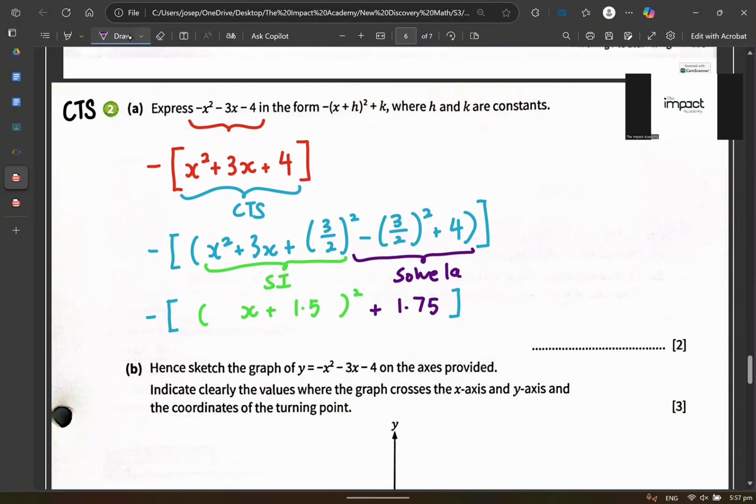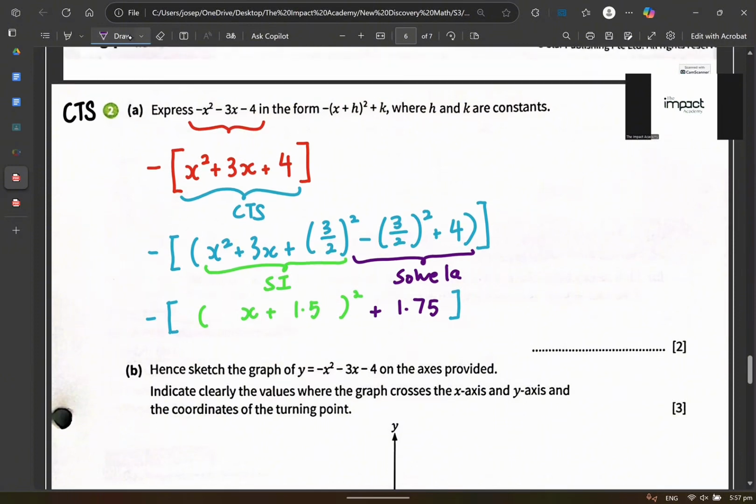Can you stop here? No, you don't. According to the answer, the minus is very near to x. So what you want to do is ask yourself what happens to this minus.